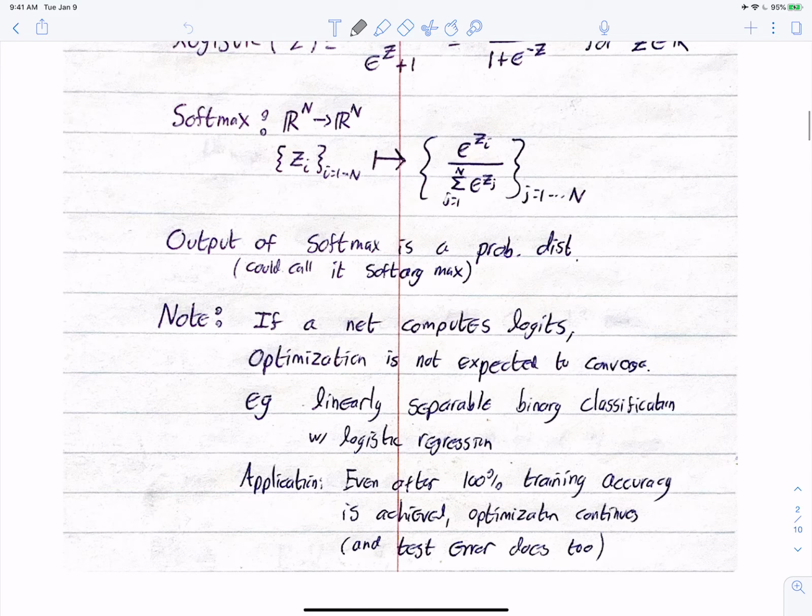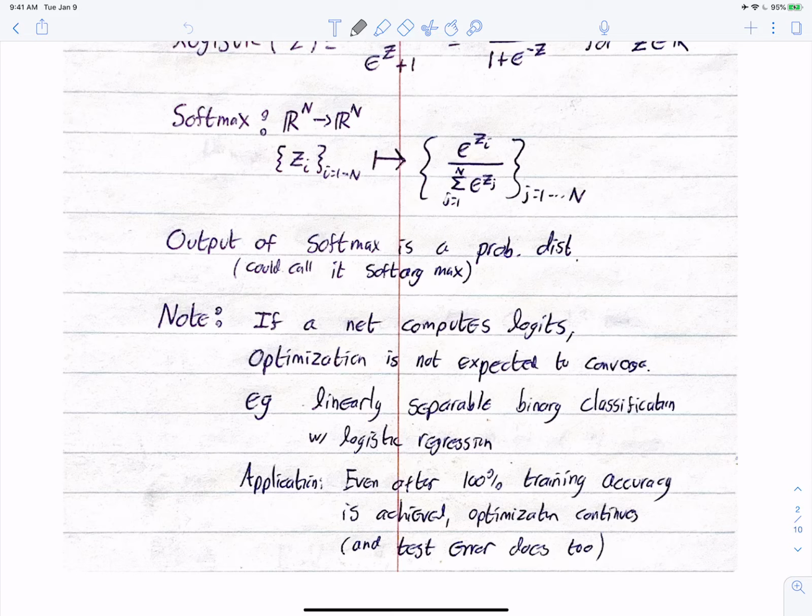So remember that it's a common practice to have nets actually output logits. And because the nets are outputting logits, it's actually possible that when we train them, the optimization might not converge. We could think of an example of this.